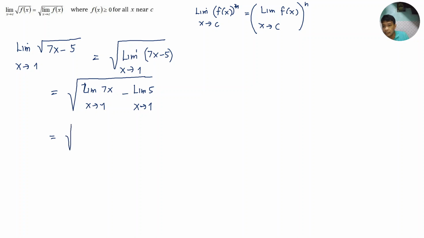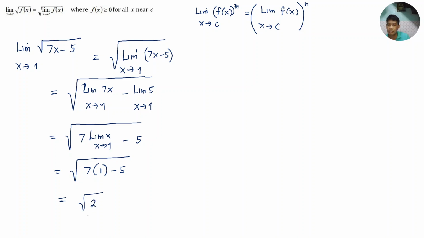And again, 7 is a constant, so I can put that outside. So the limit of x as x approaches 1 minus the limit of the constant 5 as x approaches 1. That gives us the square root of 7 times 1 minus 5. Thus, the answer is the square root of 2.